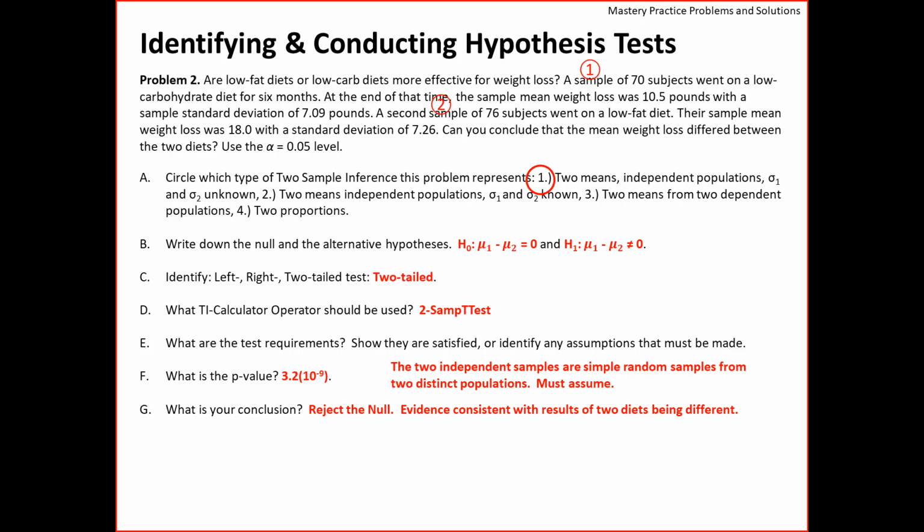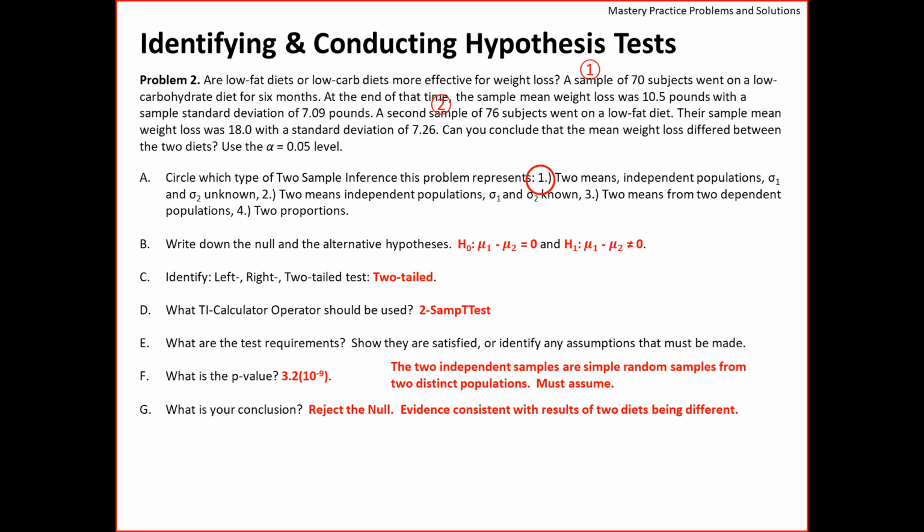That goes just like problem 1, with the exception that in this case we approximate the population standard deviations with the sample standard deviation, and we use the student t distribution, and the calculator takes care of that when you use the 2 sample t-test.